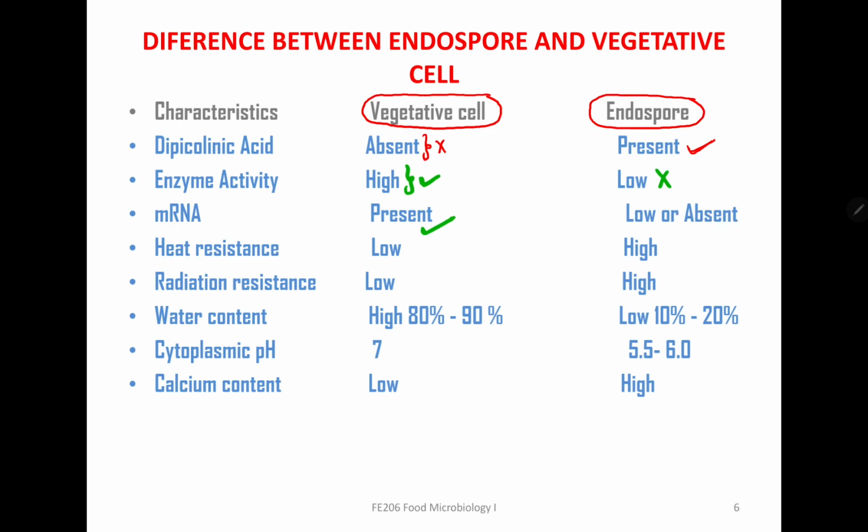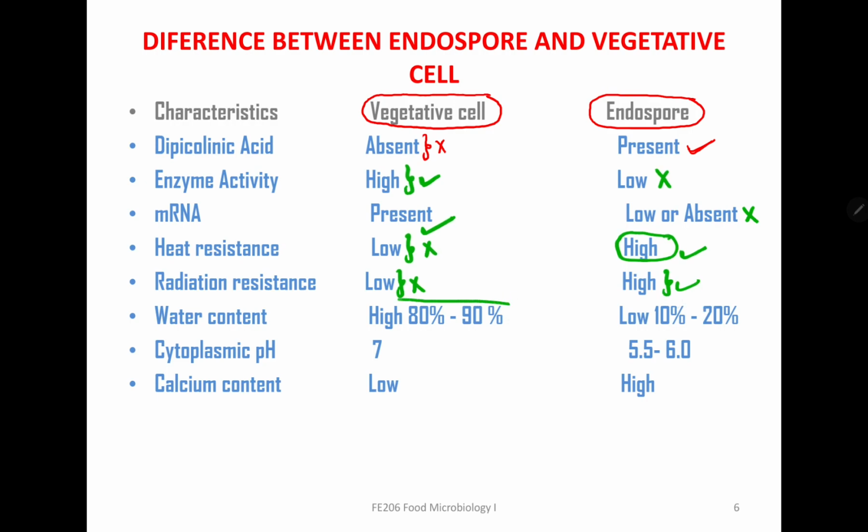But in the endospore, messenger RNA formation will be very limited or absent, because the cell is in a suspended condition. Heat resistance is low in the vegetative cell and very high in the endospore, because of the presence of calcium dipicolinic acid, right? Radiation resistance is also very low in the vegetative cell and high in the endospore.